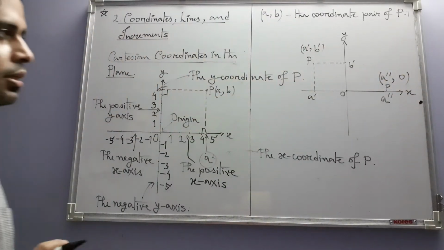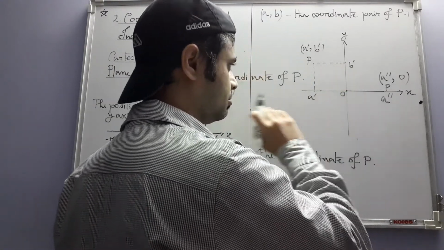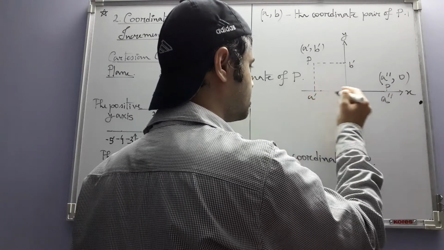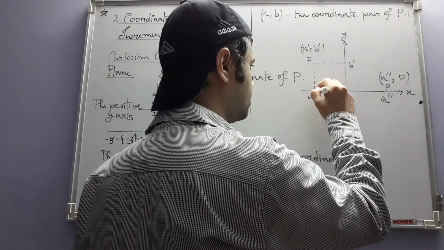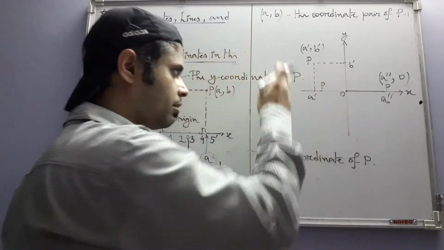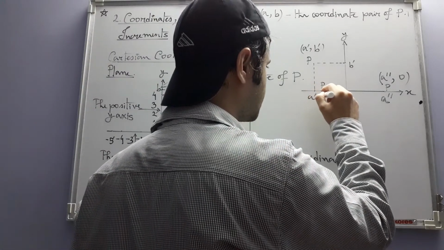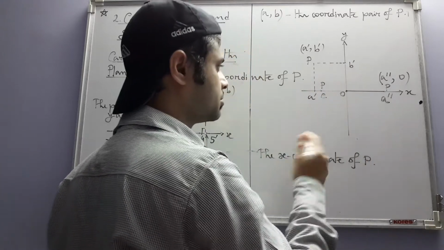If you do such a thing for a point that lies to the left of the origin or to the left of the y-axis, say your point lies here, then here also if you draw a perpendicular on the x-axis, then it will be some real number, say c suppose.